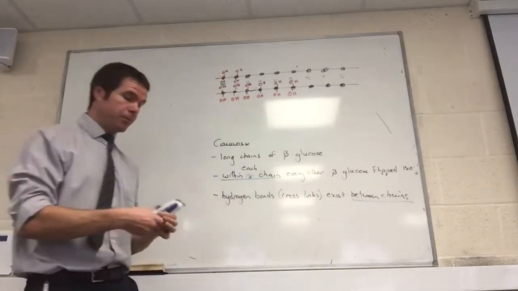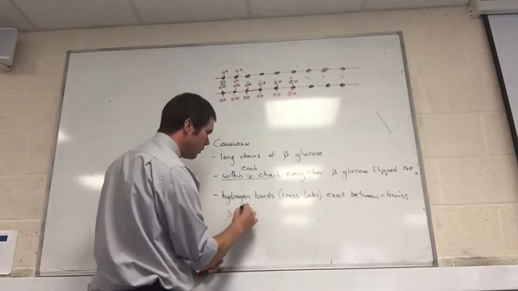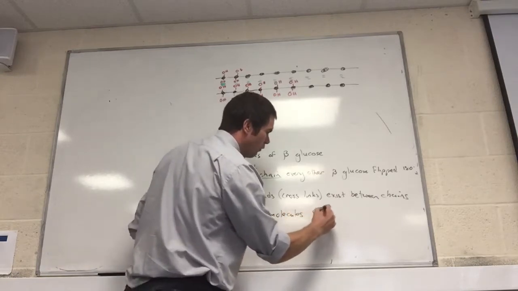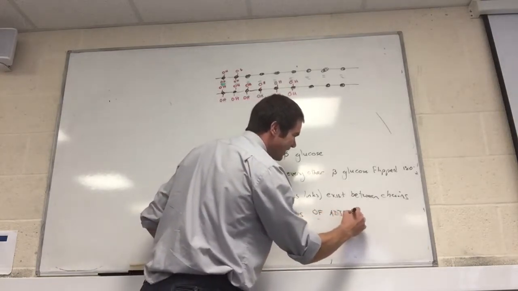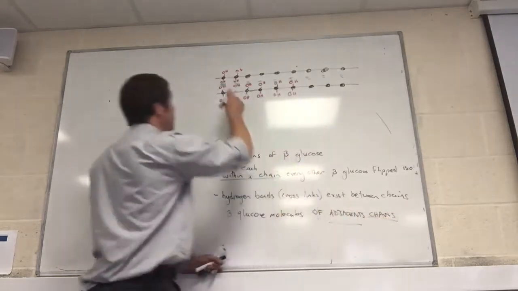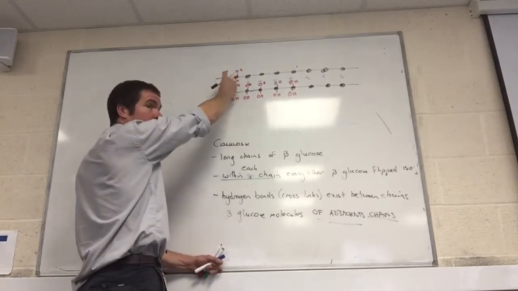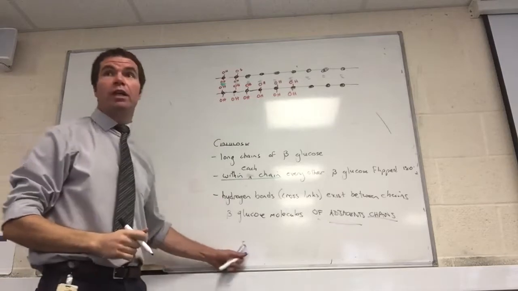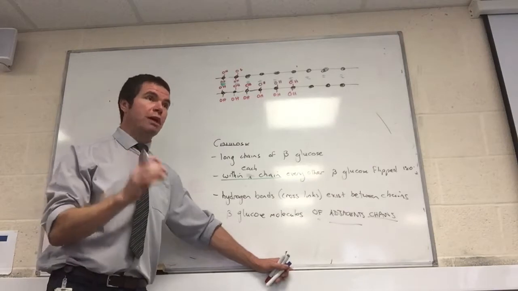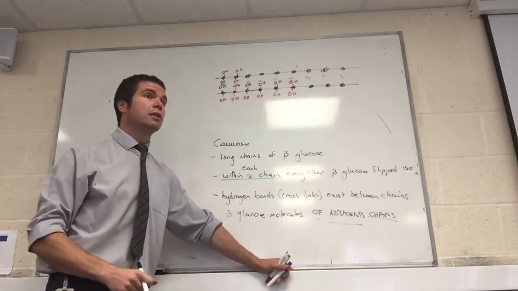You could say, exist between beta glucose molecules of adjacent chains. Fine, that's clear. You're saying between the beta glucose molecule of that chain and the beta glucose molecule of that chain. But if you say there are hydrogen bonds between adjacent beta glucose molecules, you would not be given that mark because you haven't been clear.